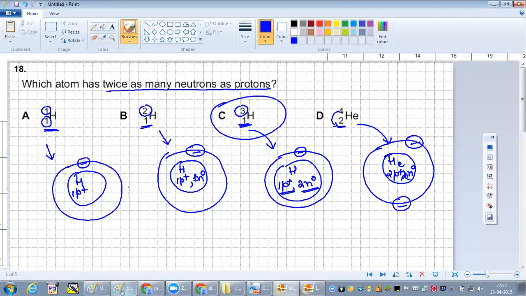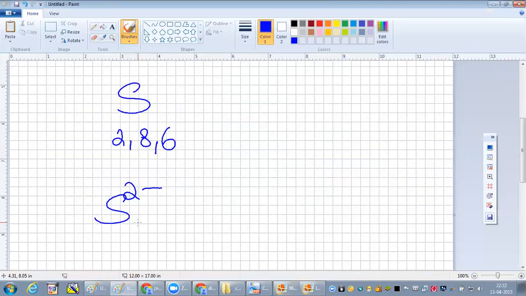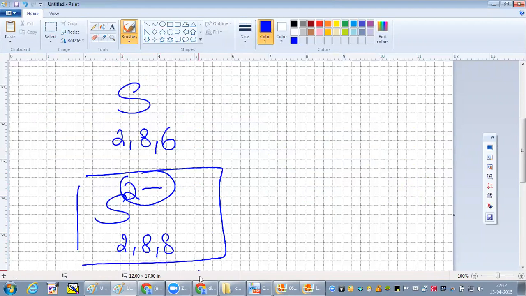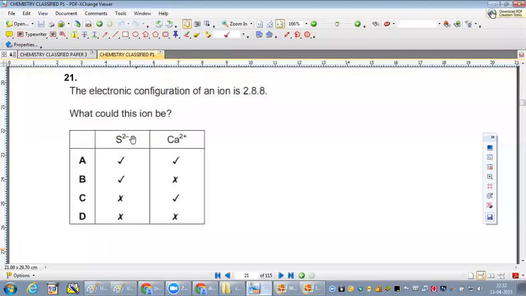When it becomes S2 minus, it means it has gained 2 electrons, because the 2 minus charge means 2 extra electrons. This is possible when it accepts 2 electrons. So the electronic configuration of S2 minus is going to become 2,8,8. So this is applicable for S2 minus.